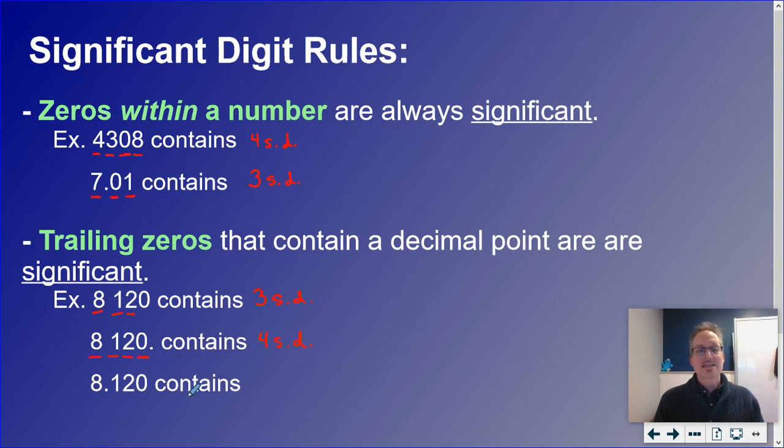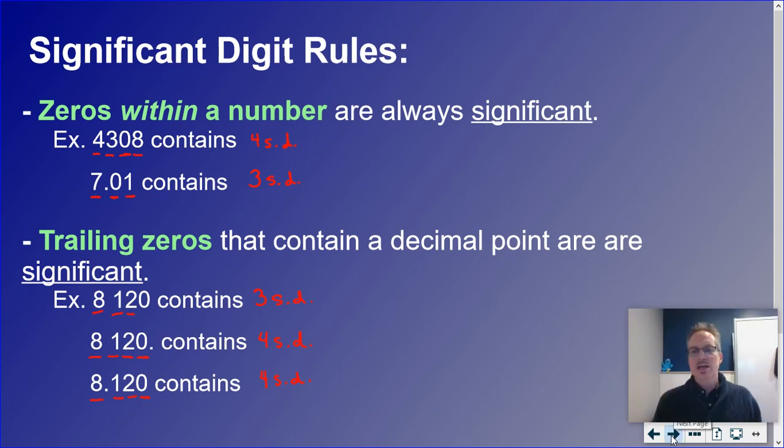Last but not least, this time I moved where the decimal point was. Again, 8, 1, and 2 are significant. There is a decimal point in the question. Therefore, the ending zero does count, and this also contains four significant digits. The trick to this last one is zeros after the number do count as long as there is a decimal.